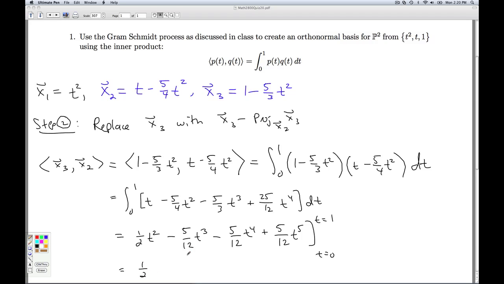That gives me a half minus 5/12 minus 5/12 plus 5/12, so minus 5/12. 6/12 minus 5/12 is 1/12.